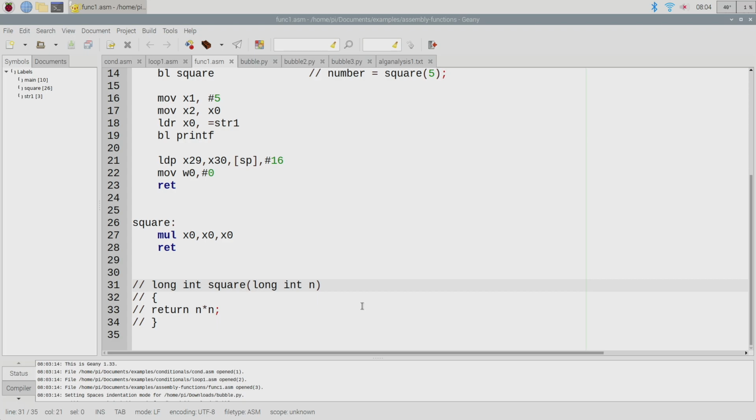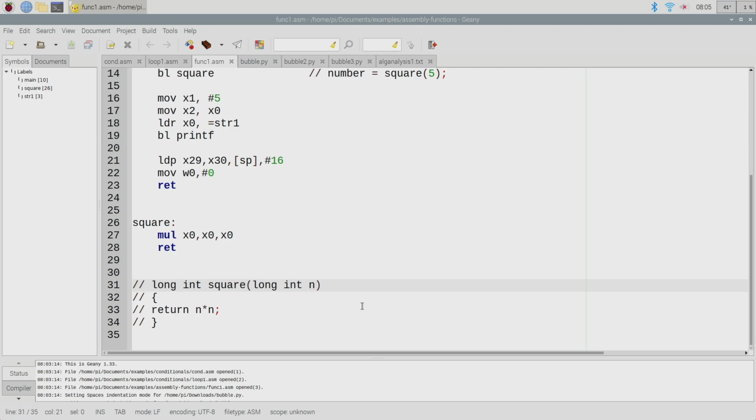Okay, great. In assembly, whether the data coming in is a long int, a float, a pointer, or something else, how do we know what kind of thing is coming in? Well, where do long ints live in the processor? The X registers, which are the 64-bit versions.